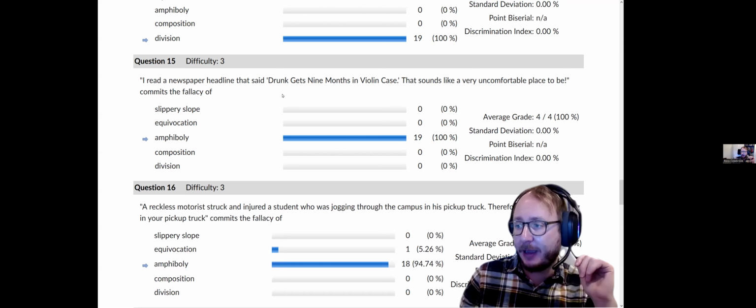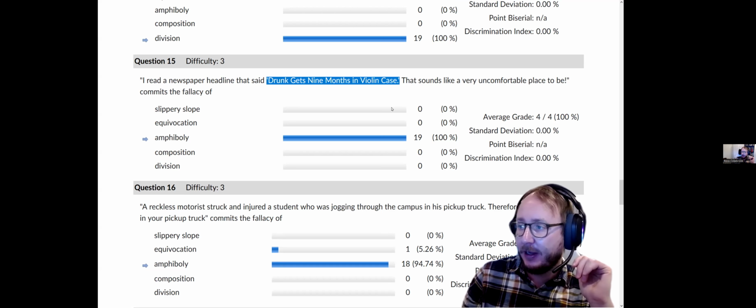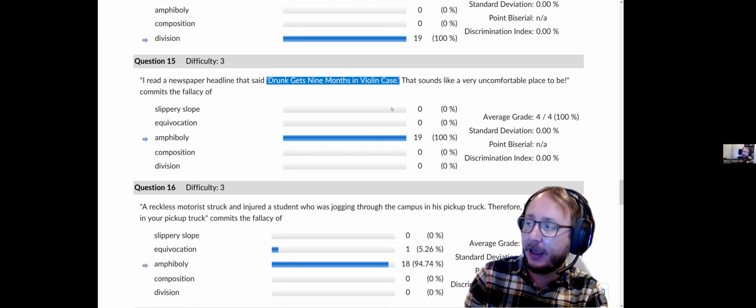Question 15, everybody got amphiboly, which is great. There are two interpretations of this. Probably the newspaper headline meant that there was some court case involving a violin and a drunk person, and that person was sentenced to 9 months in jail relating to that case.